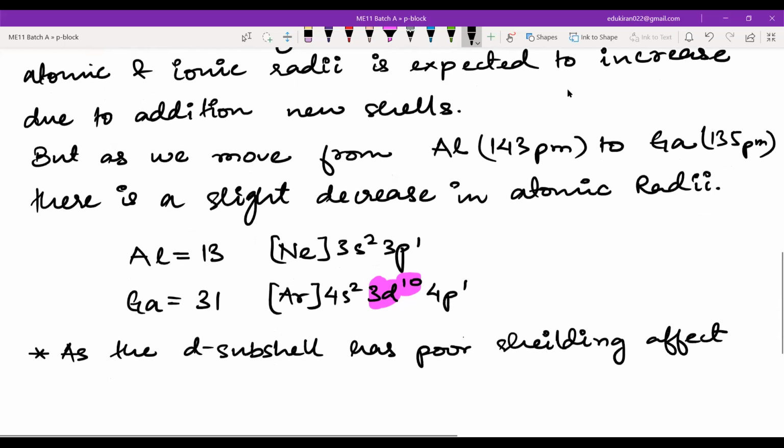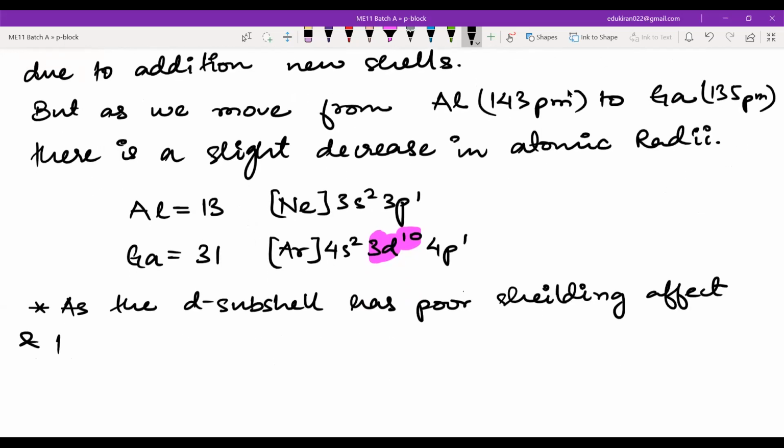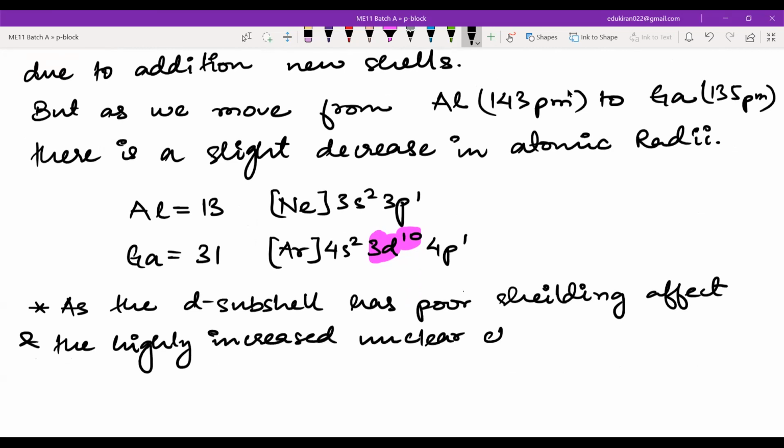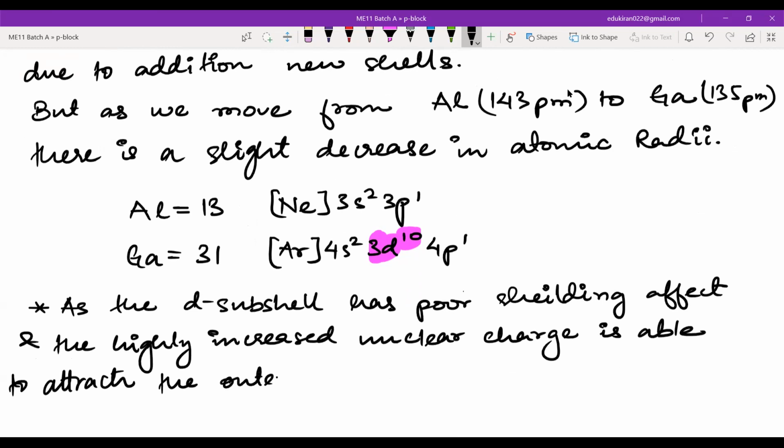Poor shielding effect, and the highly increased nuclear charge is able to attract the outer electrons more effectively.